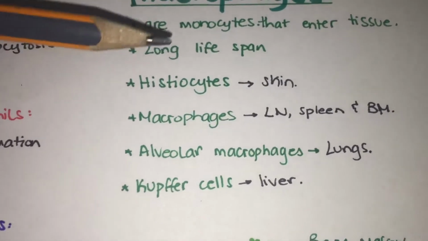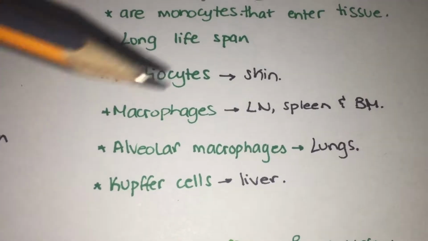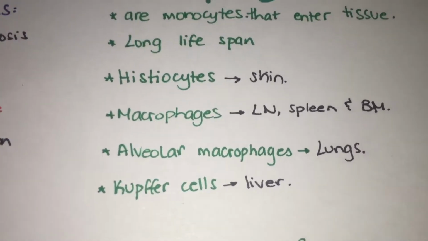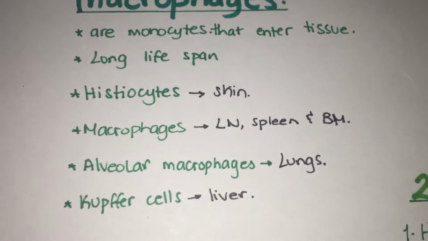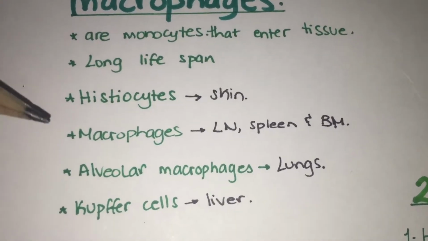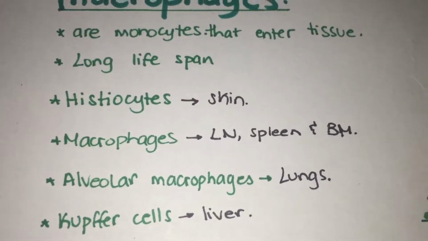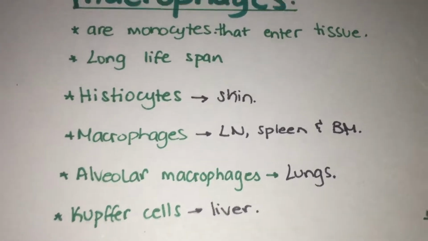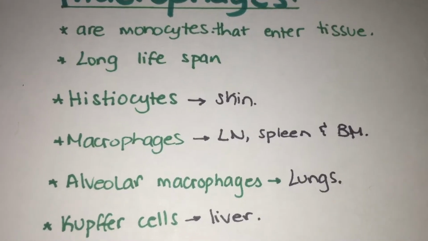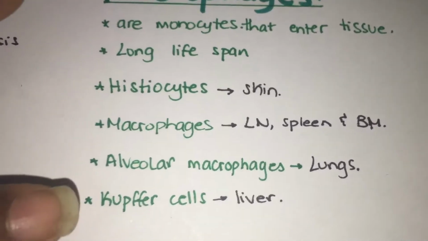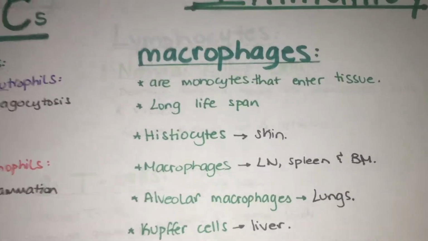We have different names for them depending on where they are. In the skin, we call them histiocytes, or they're also known as Langerhans cells. They're just known as macrophages in lymph nodes, the spleen, and the bone marrow. They're known as alveolar macrophages in the lungs. They're known as Kupffer cells in the liver. So basically that's what it comes to.